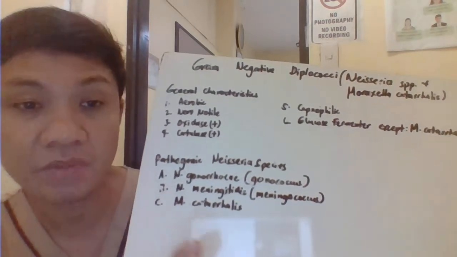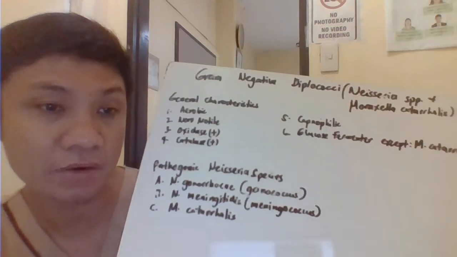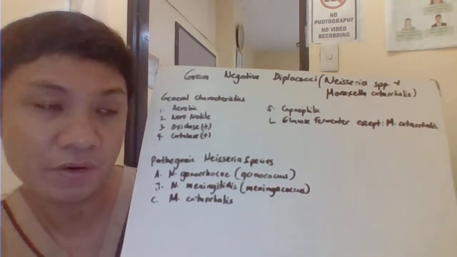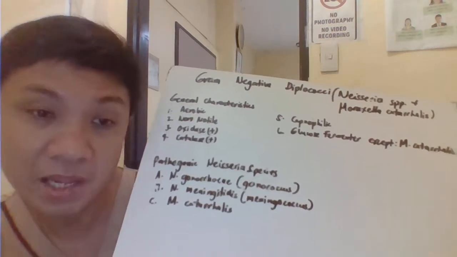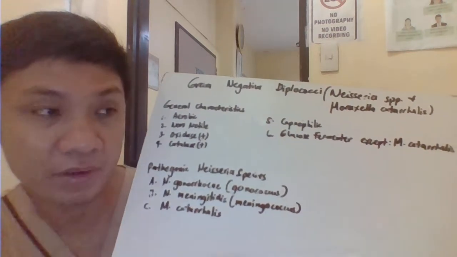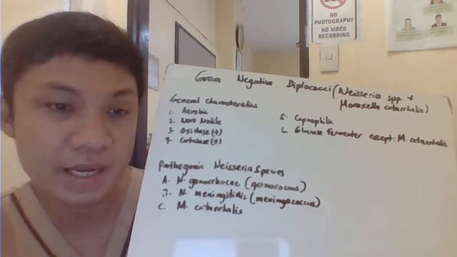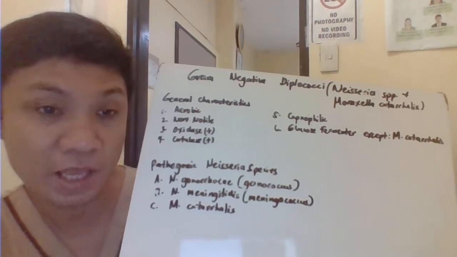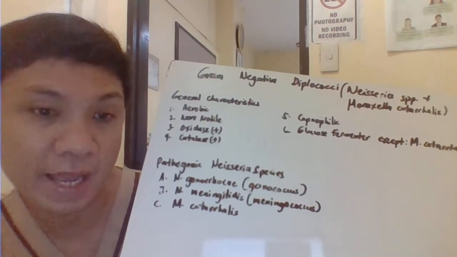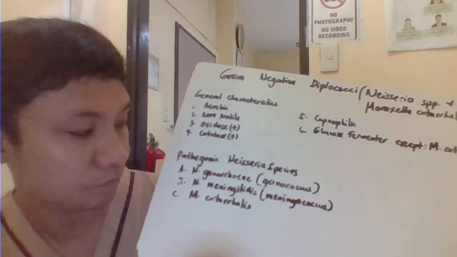Aside from that, some of them also ferment other sugars like lactose or even maltose, except Moraxella catarrhalis, which is not able to ferment carbohydrates. That one is a non-fermenter.